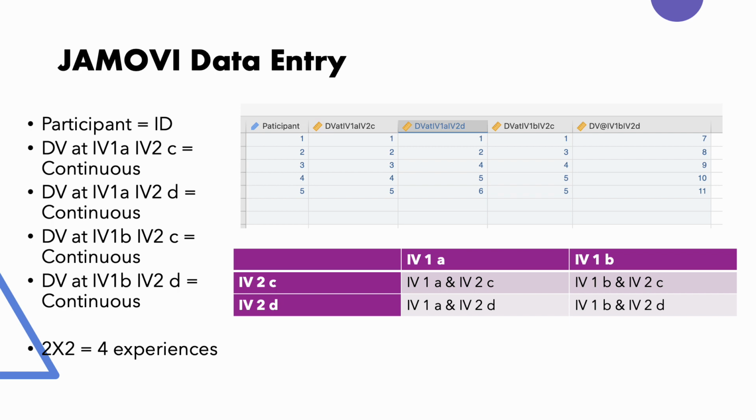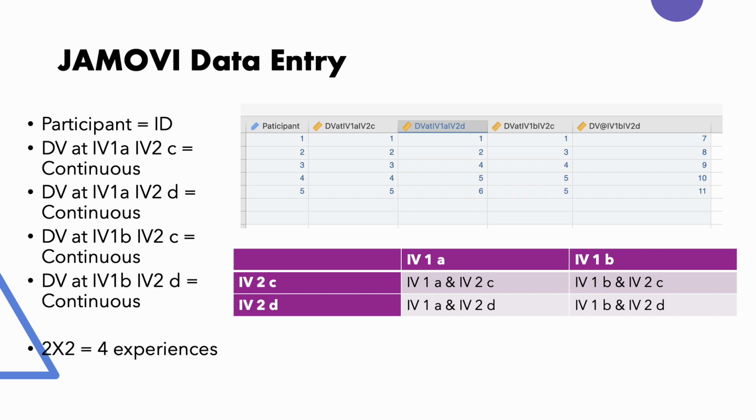In a within design, participants will have all 4 experiences, and after each individual experience, participants provide a measure of the dependent variable. Thus, in total, each participant has all 4 experiences and provides 4 measures of the single dependent variable.